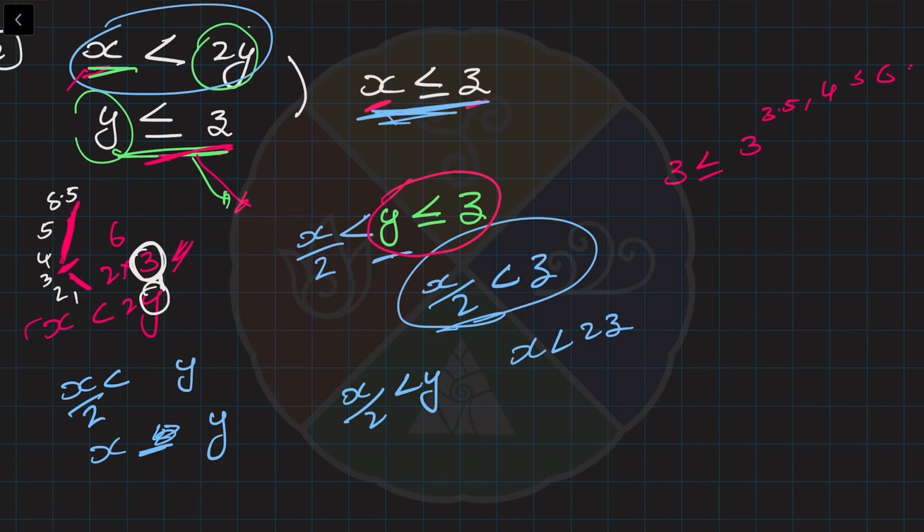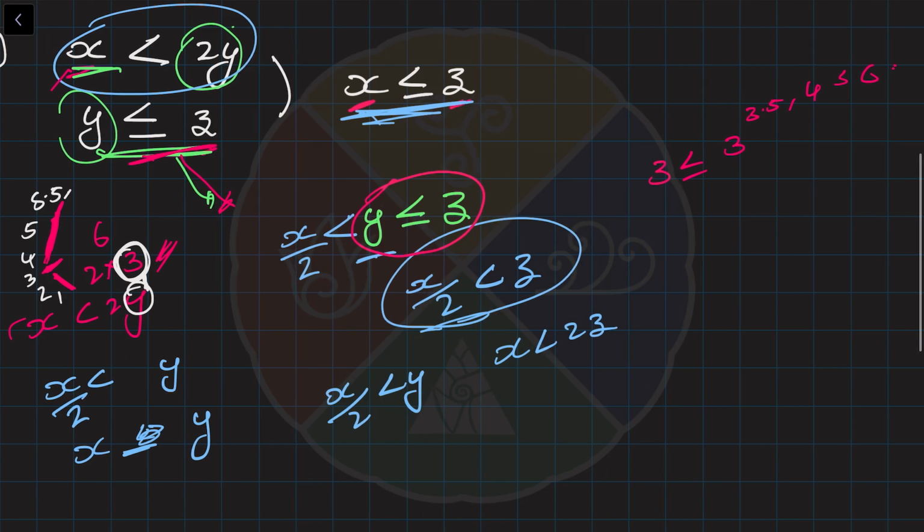And x can be 5.5, 5, 4, 3, 2, 1, any value. So we cannot always say that x is less than or equal to z. We cannot come to that conclusion. X can be greater than that also.